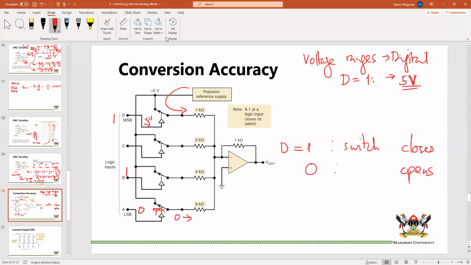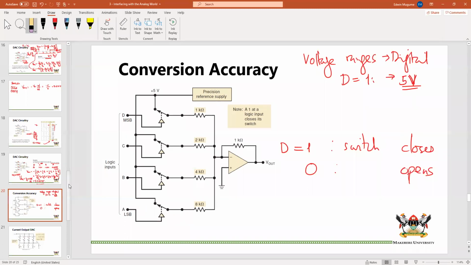If we have a 1, this closes, and we have 5 going straight through. Remember, this 5 is also connected to here and to there, and so on. So this is important. We need to be getting a fresh and precise 5 volt output going into the summing amplifier.